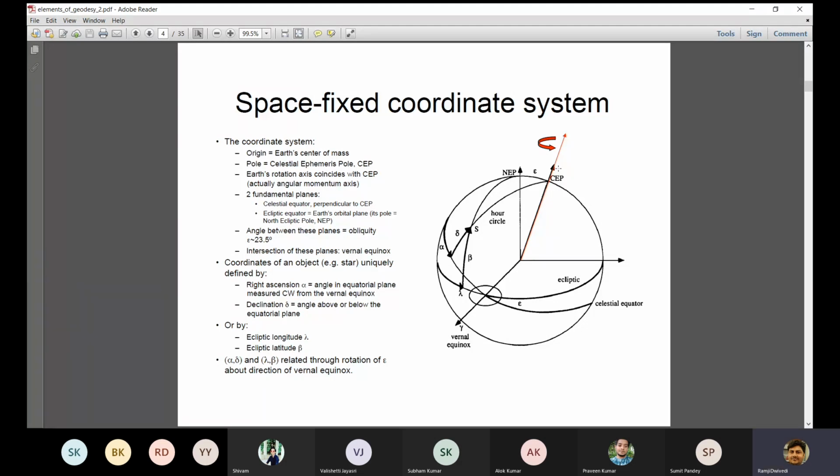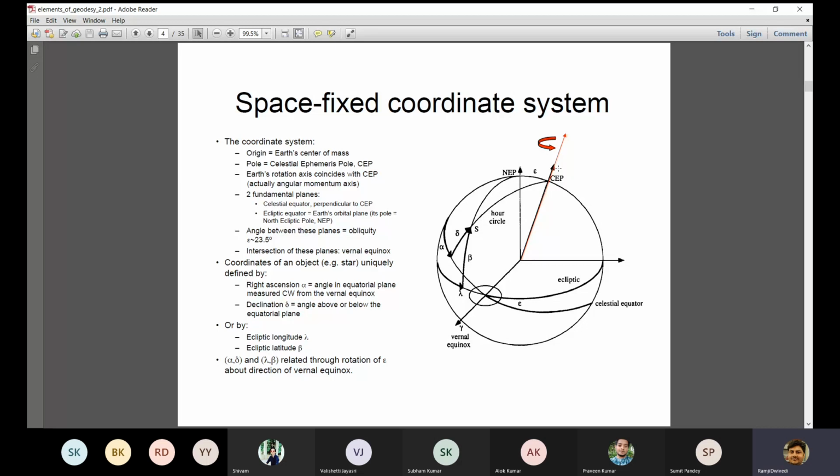Just like a huge balloon, if you observe from inside, this whole sphere has stars stuck to it. That's how you look at it. And in between, you have your Earth. So the celestial ephemeris pole contains the Earth rotation axis, which is also known as the Earth angular momentum axis.